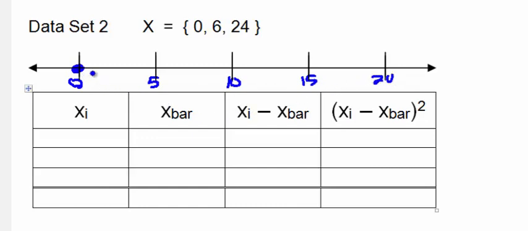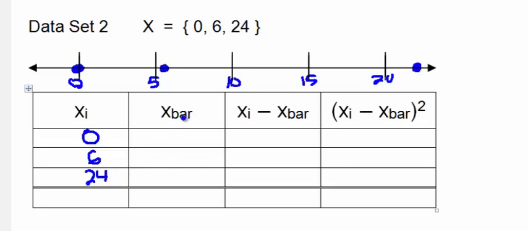We have a value at 0, we have a value at 6 again, but this time our last value is 24. So for these 3 values we have more spread amongst themselves, and the standard deviation is going to measure that. So we begin by listing our x's. We have 0, 6, 24.